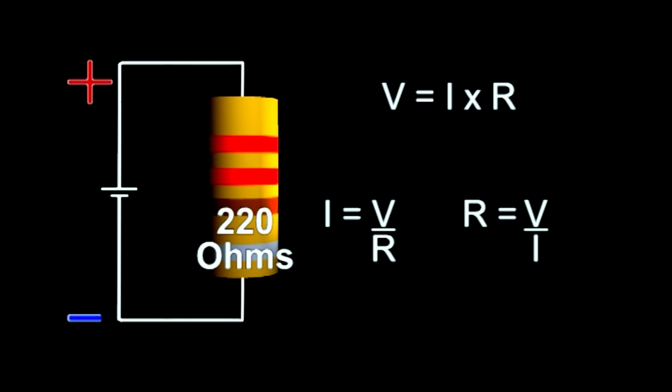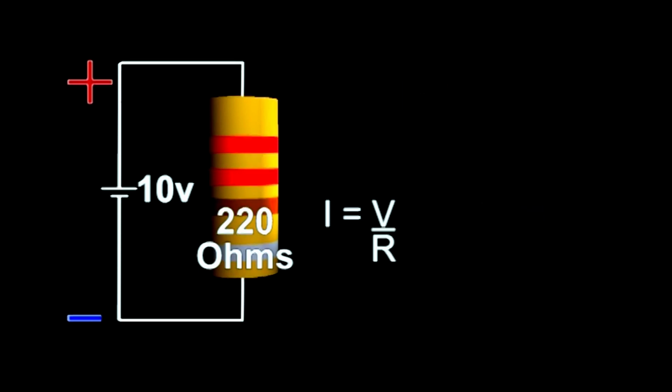So let's, just for convenience, assume that our DC supply is 10 volts coming out of that battery. Our resistor we know is 220 ohms, so it's quite easy to work out now the current flowing through the resistor using the I equals V over R variation of this formula.